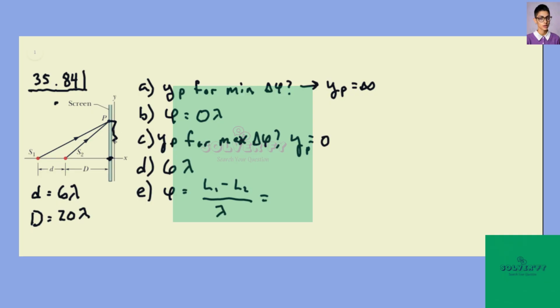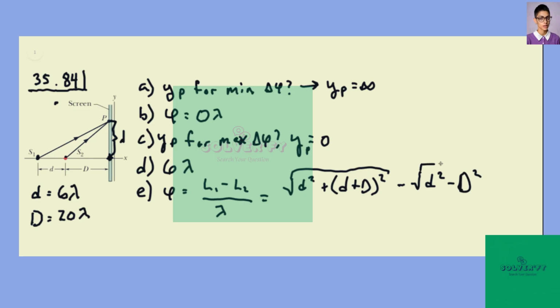So, if this is a distance d, then from the Pythagorean theorem, we've got d squared plus d squared, that's for this one, little d plus big D squared plus another little d squared minus little d squared minus big D squared, divided by lambda.